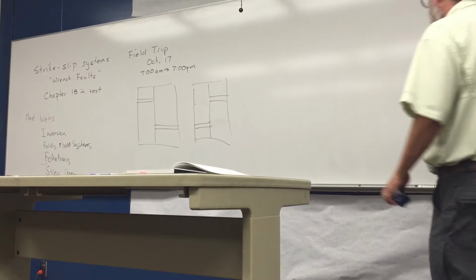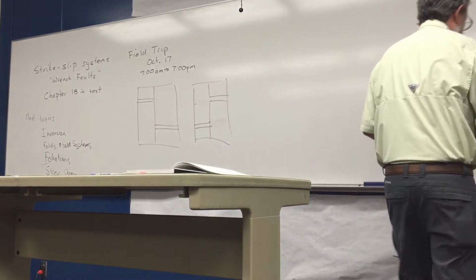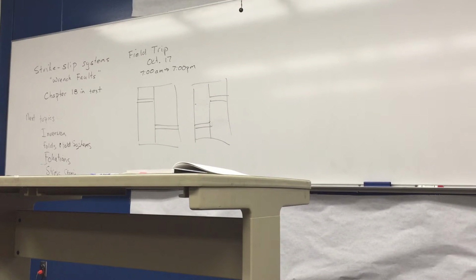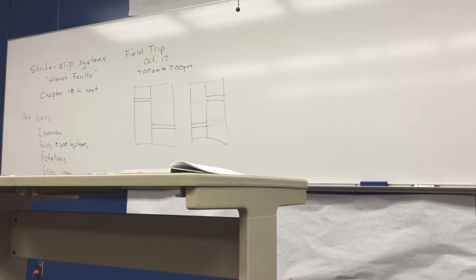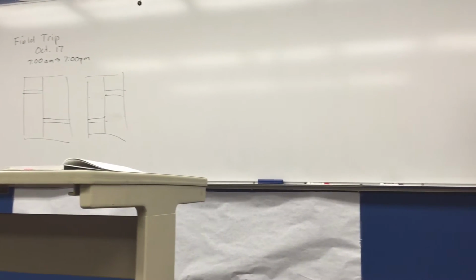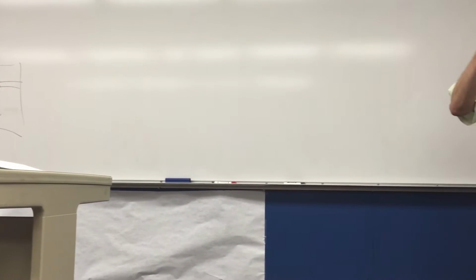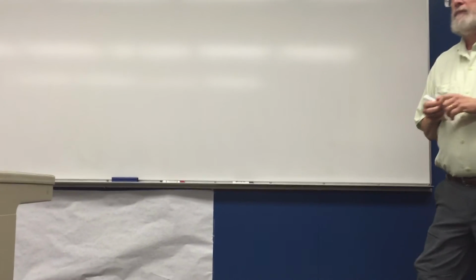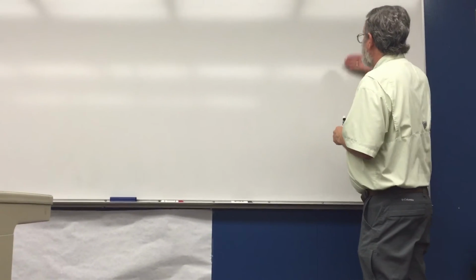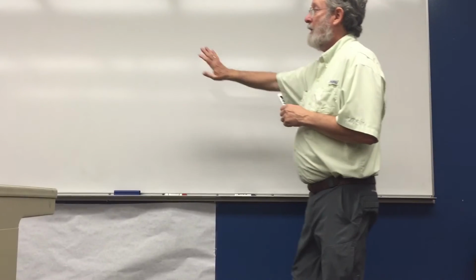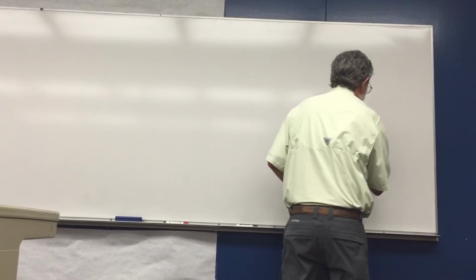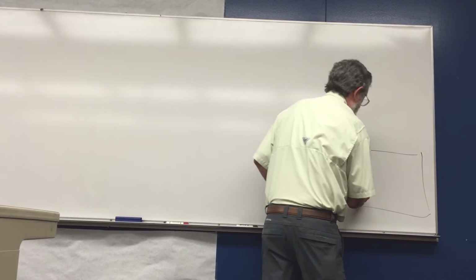So let's start, and what I'm going to do, aside from flip over this chair, is start here on a series of vertical cross-sections. We'll progress upward through the development of structures, and then over here with a series of map views. So let's start with a simple cross-section.